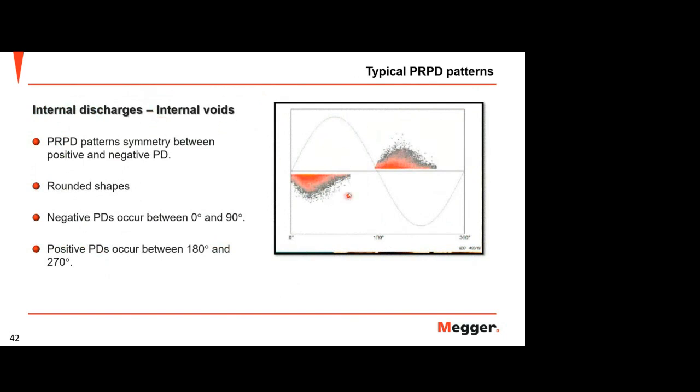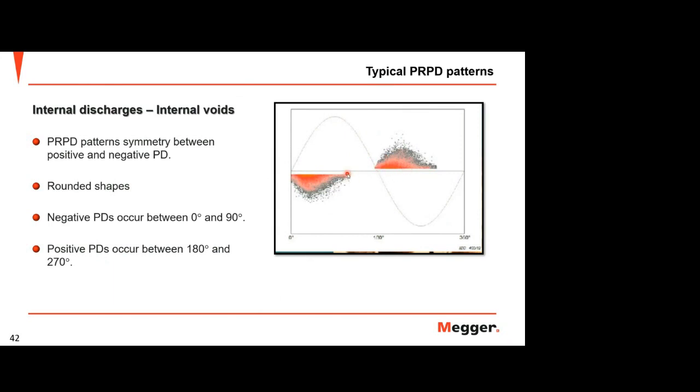You can see the shape is rounded, like a circle, and the phase position in the positive half cycle is around 0 to 90 degrees, and in the negative half cycle 180 to 270 degrees. So if you see a typical PD pattern like this, probably there is an internal void in your stator bar.